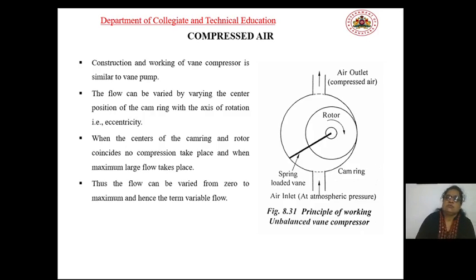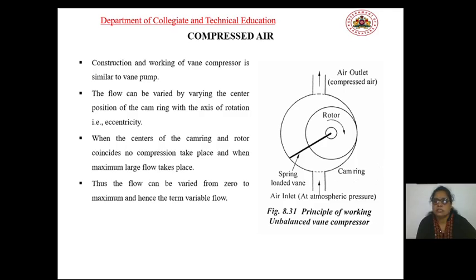The construction and working principle of the balanced vane compressor is similar to that of the unbalanced vane compressor. The flow can be varied by varying the center position of the cam ring with the axis of rotation, that is, it creates a certain gap there.